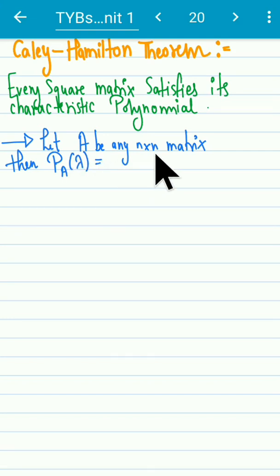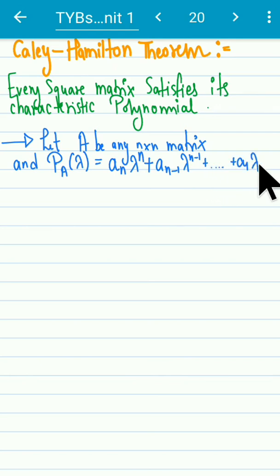I don't know exactly, but I definitely know that since it is an n cross n matrix, this characteristic polynomial will be a polynomial of degree n. So I write it like this: a_n lambda raised to n plus a_(n-1) lambda raised to n minus 1 plus dot dot dot plus a_1 lambda plus a_0.